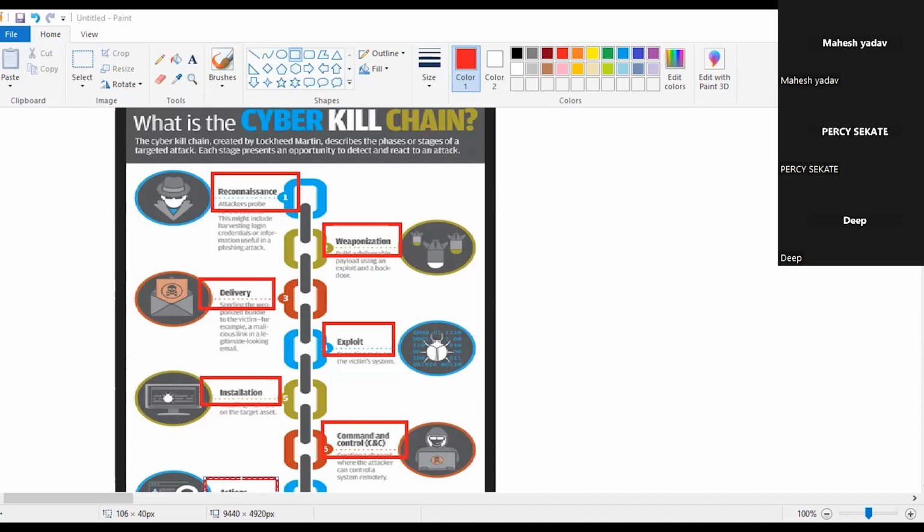Then the fourth step, executing the code on the victim machine and getting a reverse shell or bind shell. Fifth, installation. Installing all the dependencies and DLLs that a malware kit requires for the hacker to execute their control over the target. And then after that, the target system becomes a command and control for the attacker.